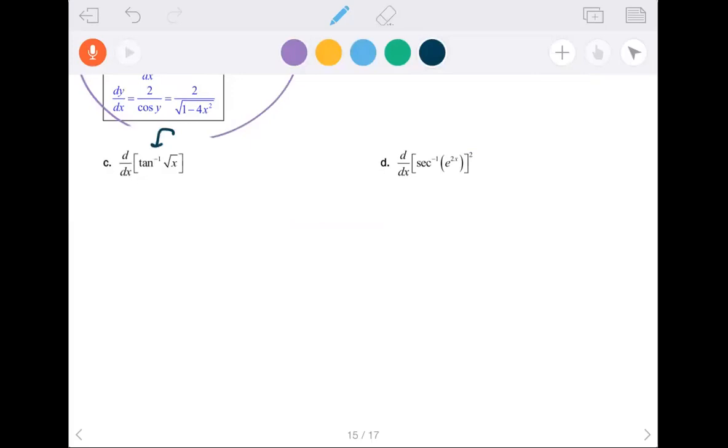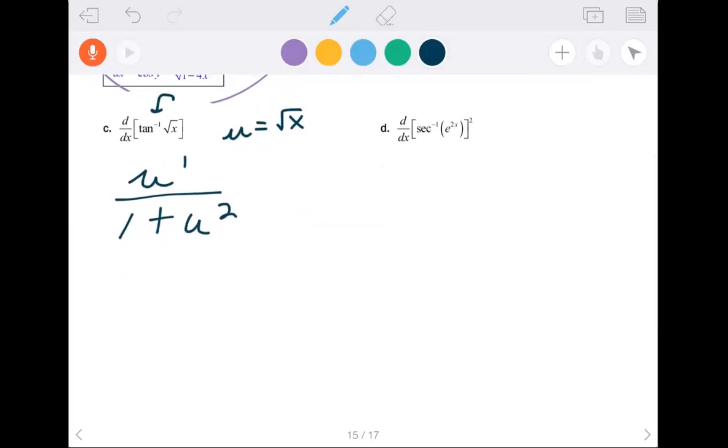So my u in this scenario is root x. So just know that it's arctan u. Arctan's prettier. They all have a u prime on the top. Arctan is prettier for two reasons. Because there's no root and because there's addition. So you just need to supply the u prime.